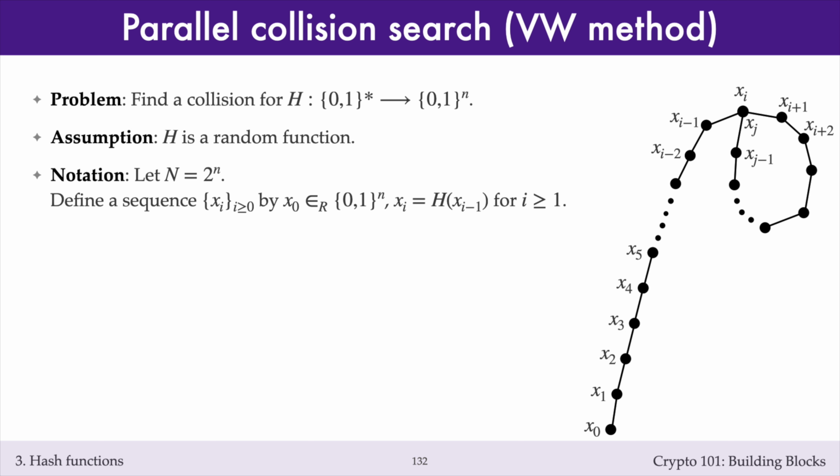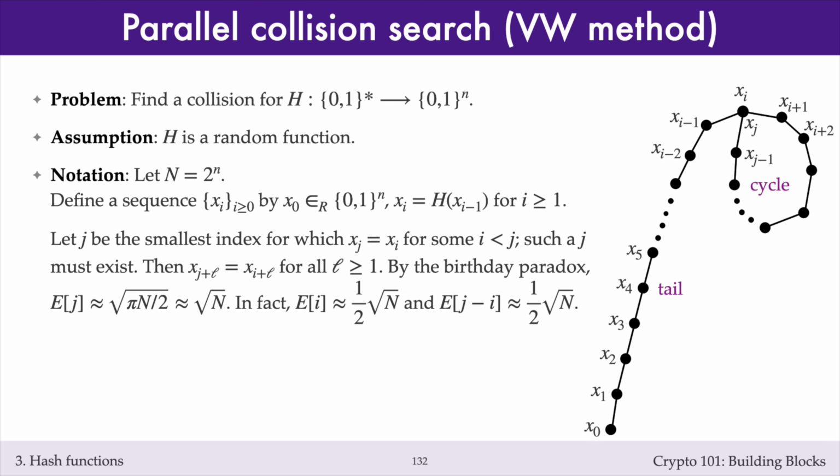Once this collision occurs, the sequence repeats forever and ever. Let j be the smallest index for which x_j equals x_i for some i less than j. As I noted, such a j must exist since the terms x_i are drawn from a finite set. Then, x_{j+l} equals x_{i+l} for all positive integers l.